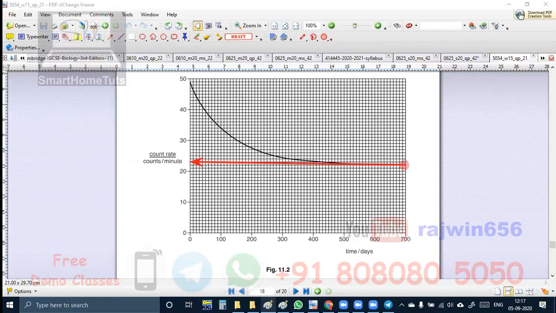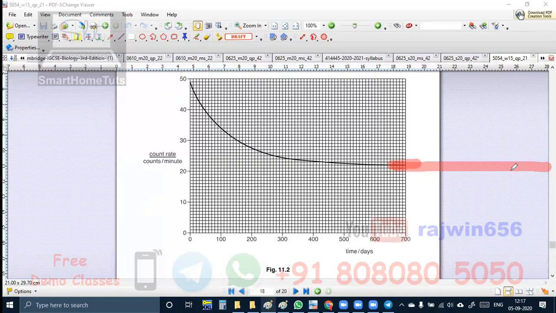Whatever value I get is going to be the background radiation, because once this part of the graph becomes a straight line, we assume the count due to the radioactive substance no longer exists, and this straight line is due to background radiations.